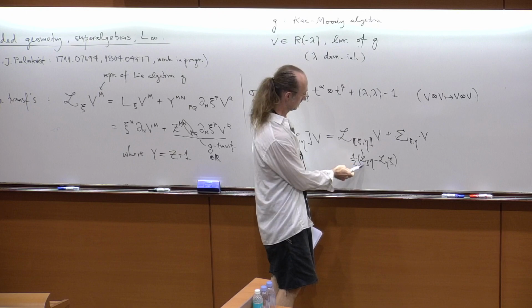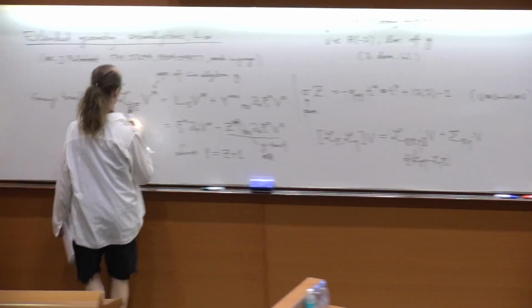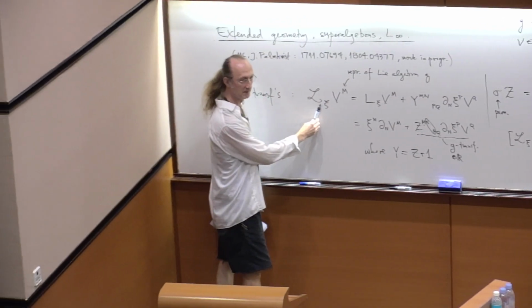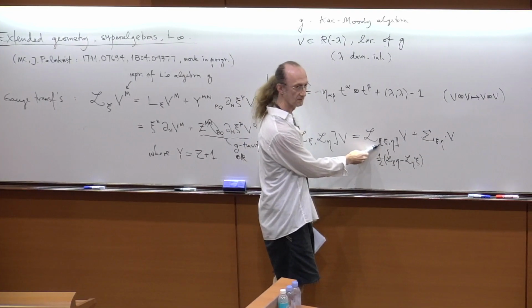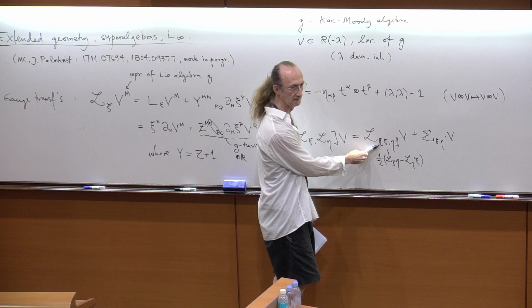Anti-symmetrized. So this would be what you may call a Dorfman thing, and this is what you may call a Courant thing, but it's for any algebra.